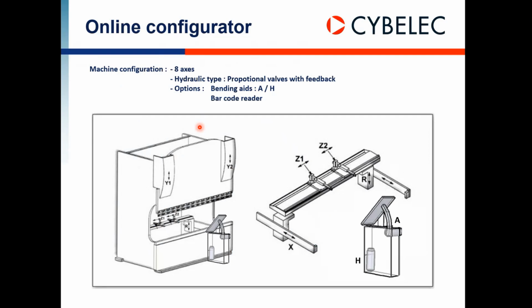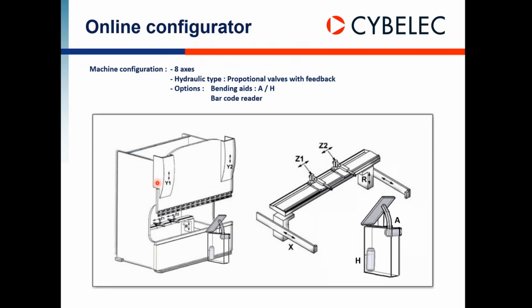So currently here, this is an 8-axis machine with a hydraulic type proportional valve with feedback, for example, with LVDT feedback. And we have two options, which are the bending assistance and a barcode reader.